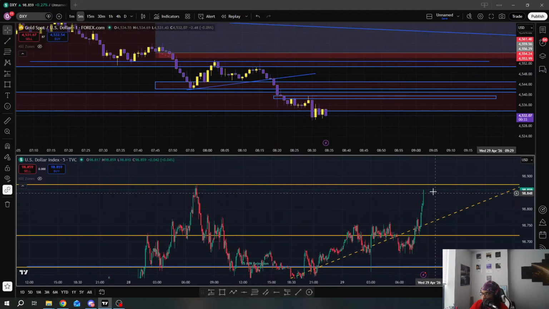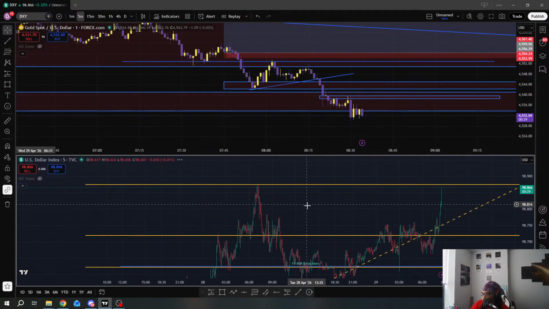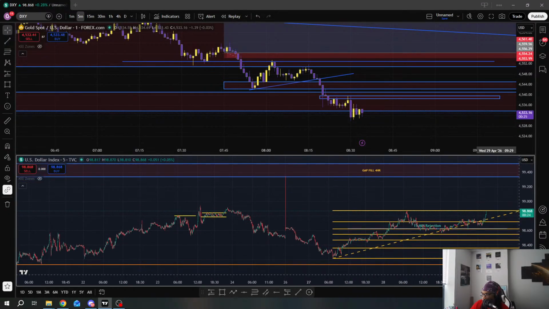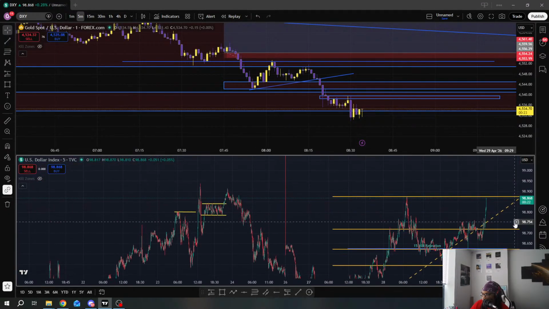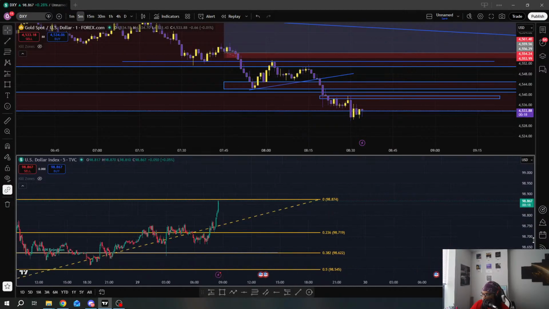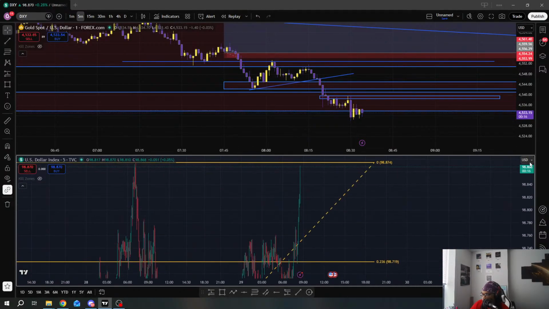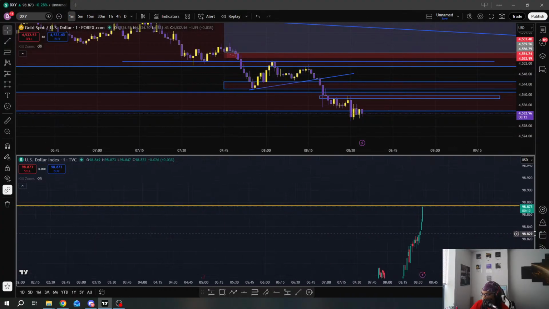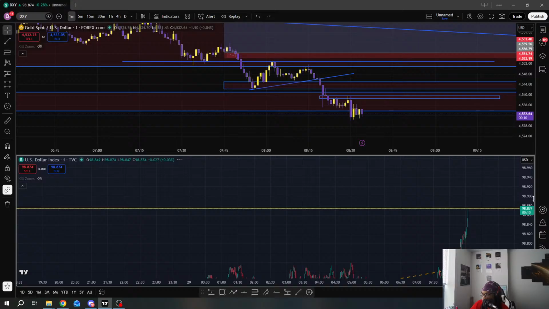Look at this. See how high this thing is going? It's the dollar index. I don't know if the dollar index is pushing.